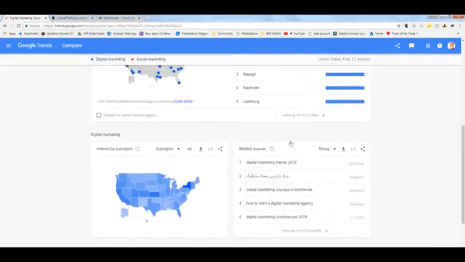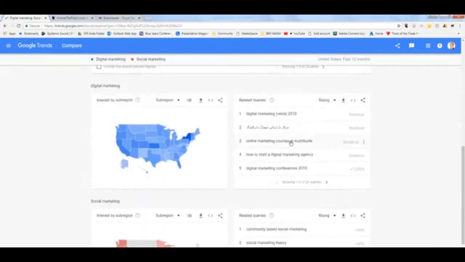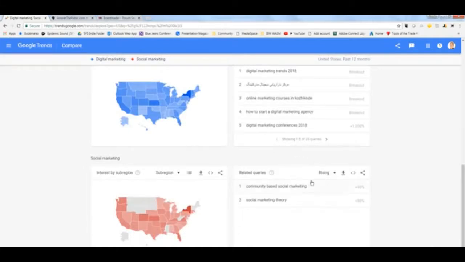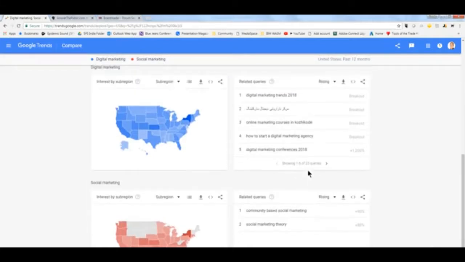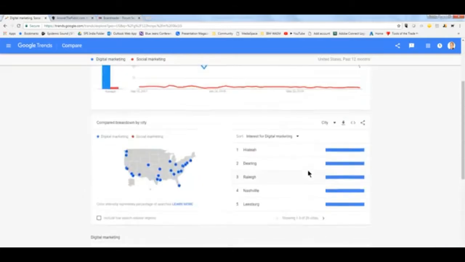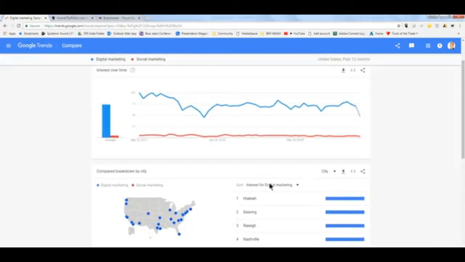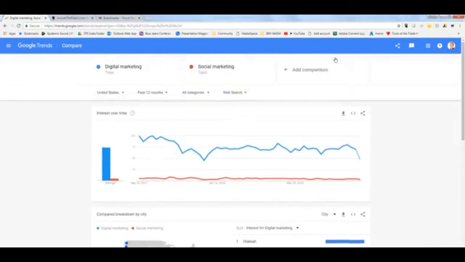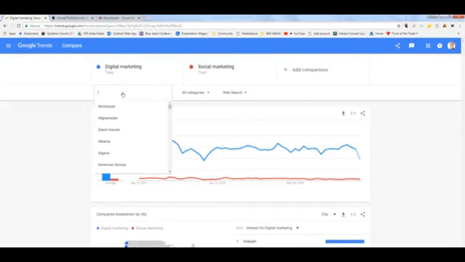I can also look at it by digital marketing versus social marketing, so I can really get an analysis of how things are happening on a worldwide basis. I can also look at it for different times.